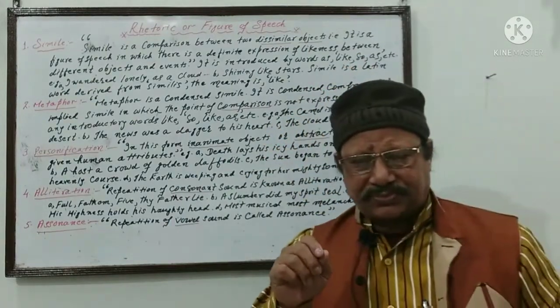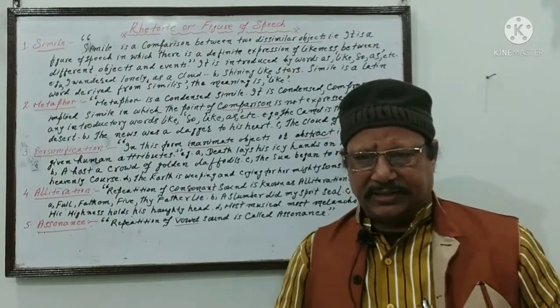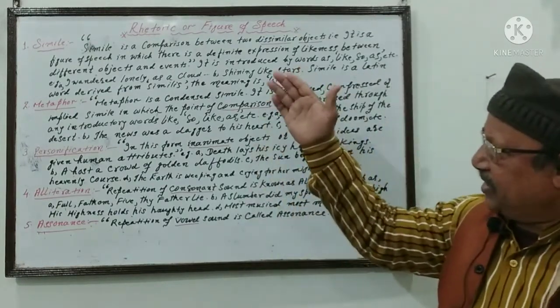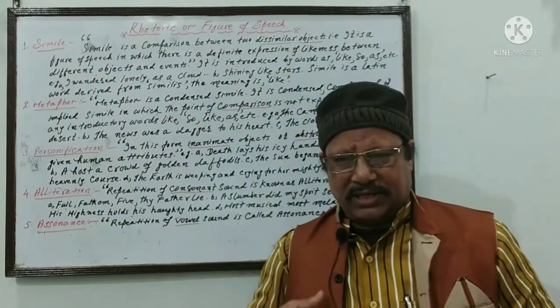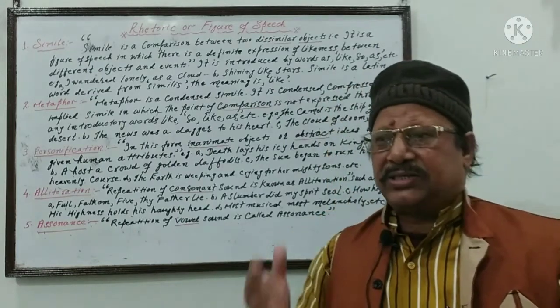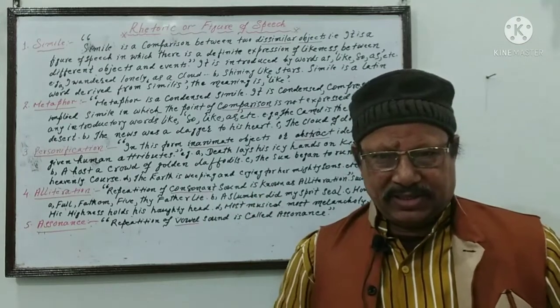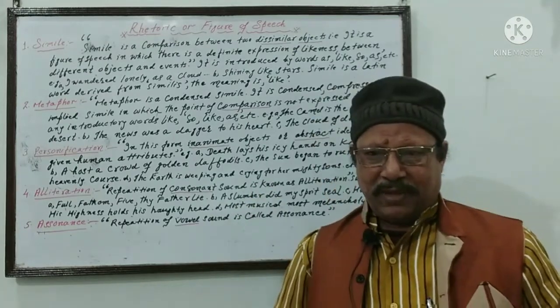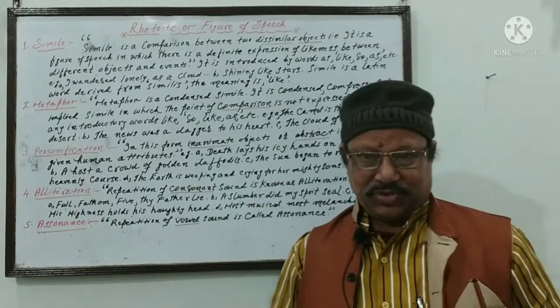Let me tell you very simply the difference between simile and metaphor: if I tell somebody he is as brave as a lion, this is simile. But if I say he is a lion, this is metaphor.